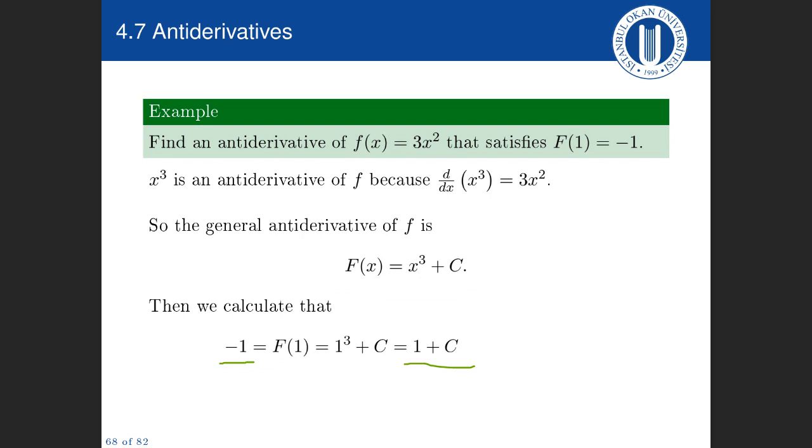Well, that's straightforward. If c is minus 2, then 1 plus c is the same as minus 1. So this is the one we want. We want minus 2 just here. The answer to this question is x cubed minus 2.